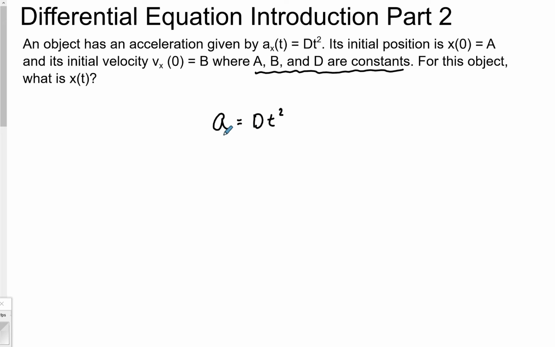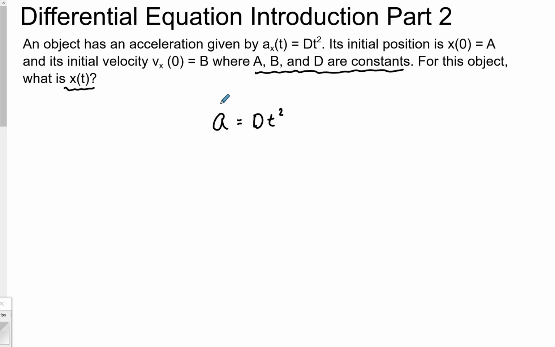Let's always be thinking about the goal of this problem, which is to get to x. Well, we've got acceleration. So what is acceleration for position? Well, easy. Acceleration is the second derivative of position.